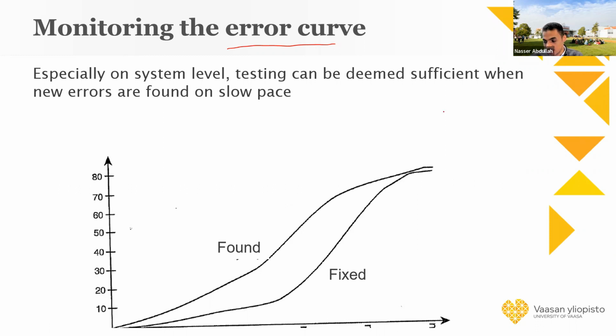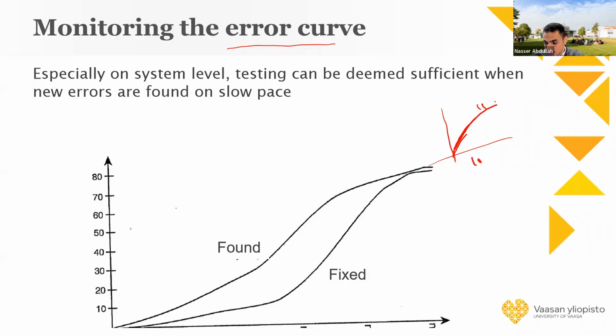For example, every time you apply your test cases, you find only a little fault. For example, in the beginning I find 10. After that, it increases to 11, then 12. And then maybe after 12, I feel it's the same.